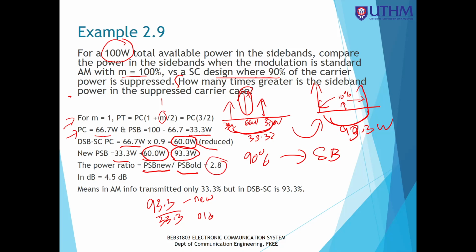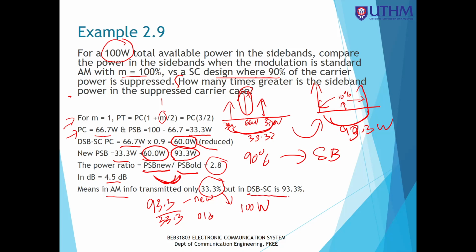2.8 we can calculate in terms of decibel. Remember, this is a power ratio, there is no unit. When you convert into decibel, 10 log 2.8, you get 4.5 dB. That means in AM, information is only 33.3 percent in the ideal case, because our total power is 100 watt, so 33.3 watt out of 100 watt is 33.3%.